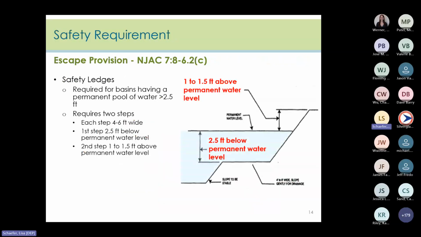So when a wet pond or other BMP has a permanent pool of water that's greater than 2.5 feet in depth, you also need to make sure the design follows the rule requirements for safety ledges. Okay, if not, then address the lack of this information in the review letter.